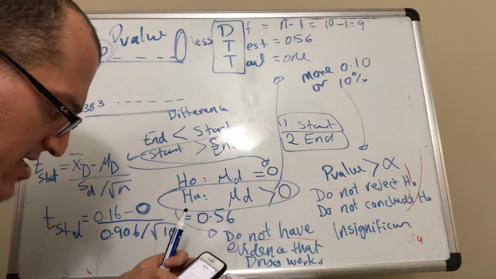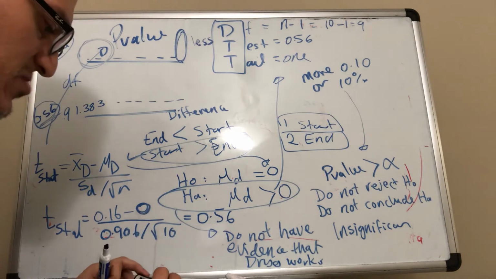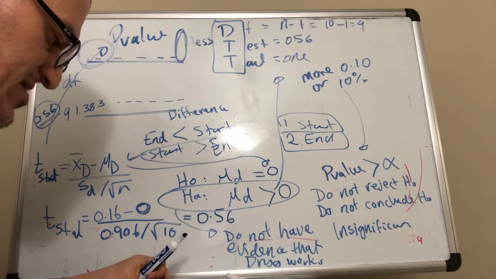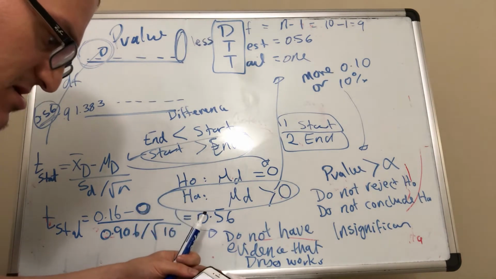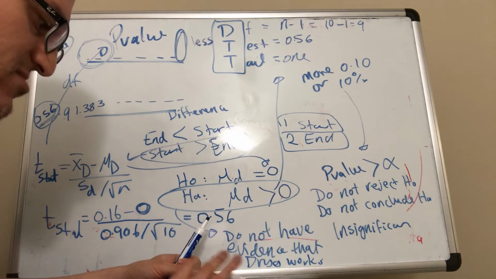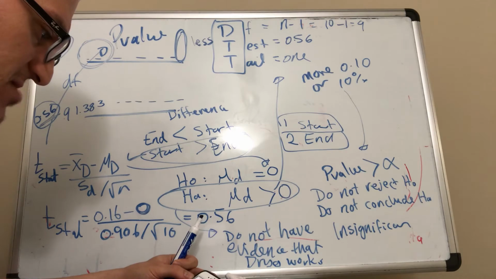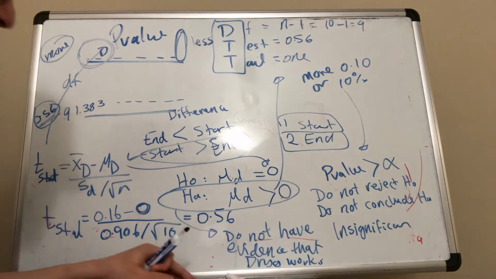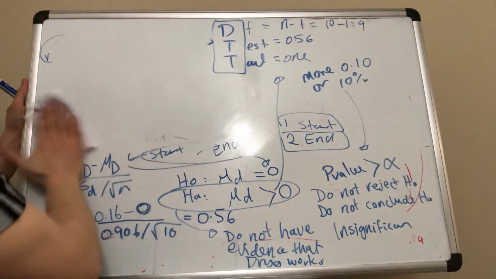Yeah, a confidence interval for the difference between them. So we're still in a dependent system, but we want a confidence interval.